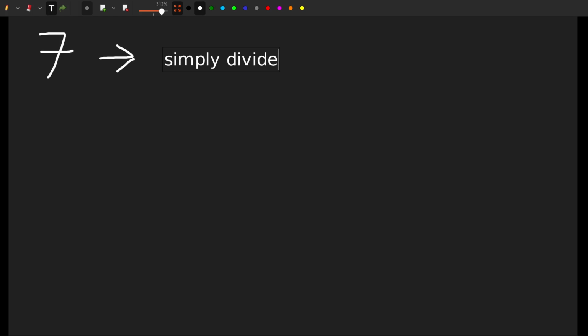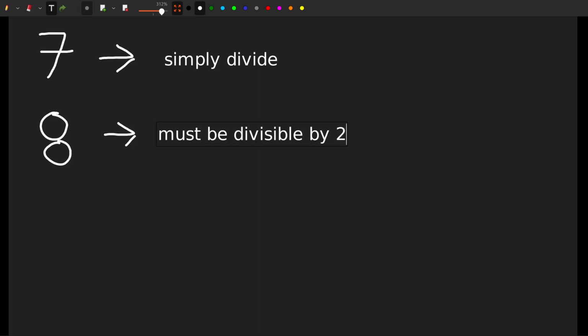Similarly, for number 8, I tend to also divide it out, but I think there's a trick. I'm not entirely certain about this one. For number 8, I think if I remember right, it must be divisible by 2 and 4, and then it's divisible by 8.